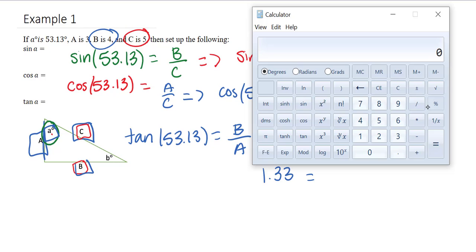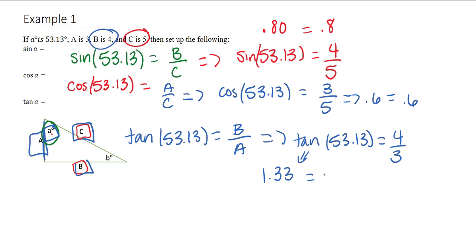Well, if we know 1/3 is about 0.333, that's equal to 1.33, and it continues on. I also used a different calculator, but either one works. If we round to the nearest hundredth, here we have it. So this is just to show you why this all works out.